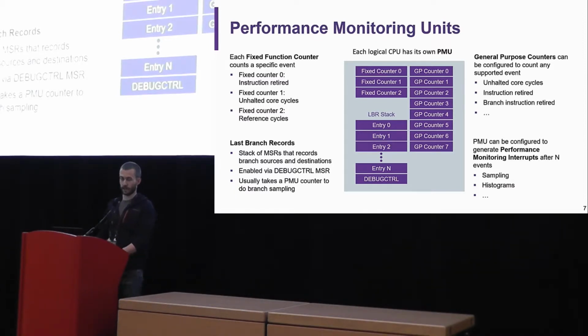LBRs are essentially a stack of MSRs that capture the to and from addresses whenever you take a branch. This way, when you take your sample, you can read out all the LBRs and see your last 32 or whatever branches that you've taken. You batch them all together and take fewer interrupts, but still get very high accuracy.